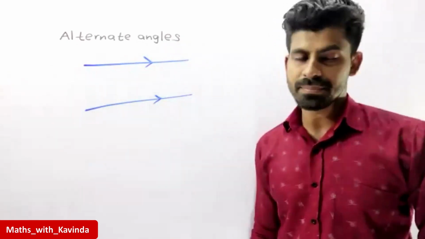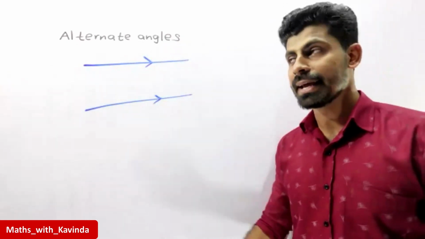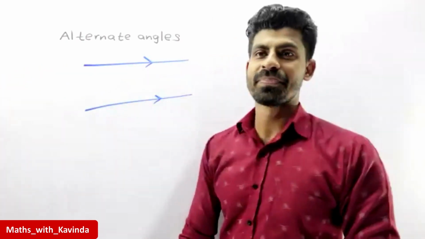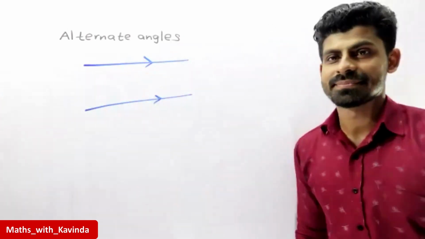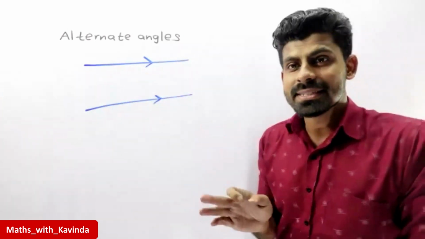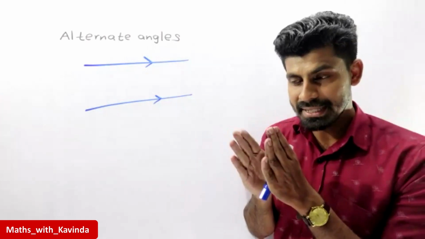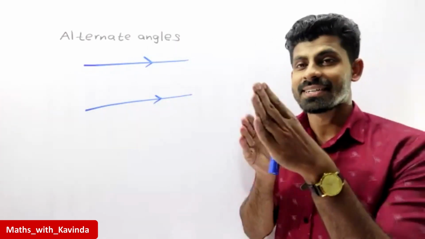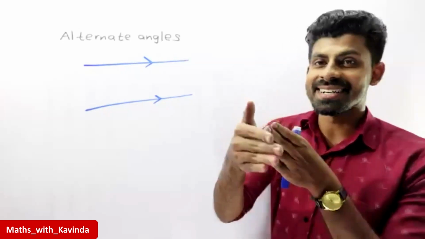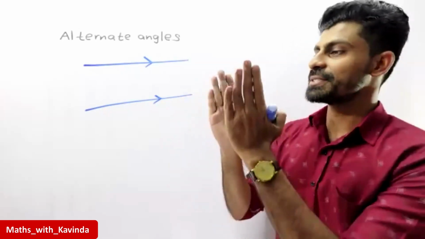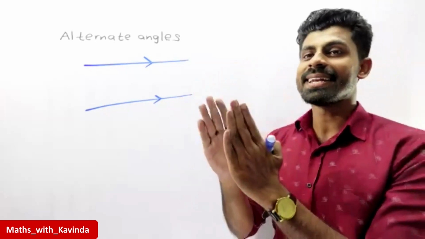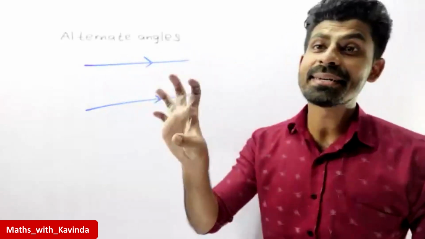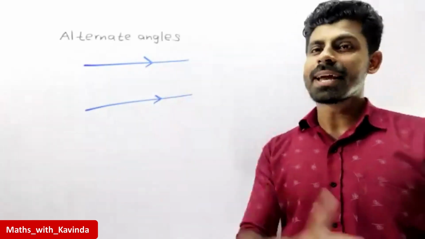Maintaining the same gap, like railway tracks. So I'm talking about equal gaps, parallel lines.